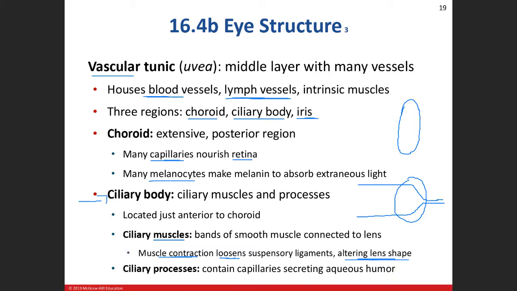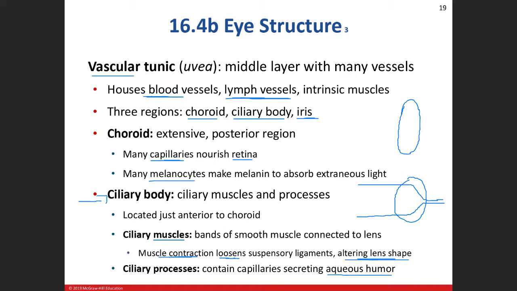Also part of the ciliary body is the ciliary processes, and these make the aqueous humor. Remember when we were learning last week about the posterior cavity and the anterior cavity of the eye.